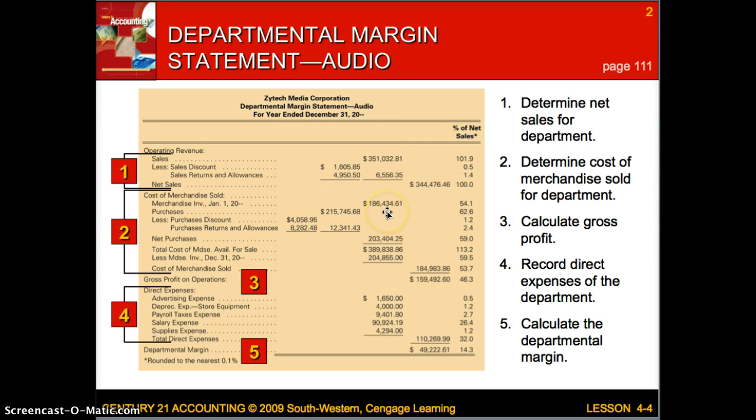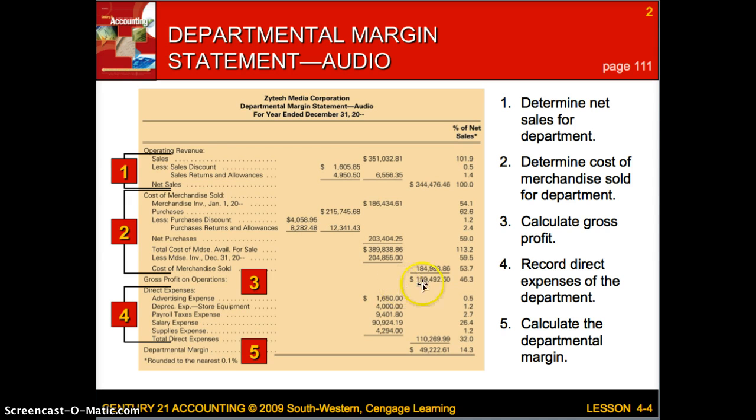We'll have our merchandise plus any purchases minus any discount will give us our net purchases. Then we'll have our total cost of merchandise available for sale less the merchandise inventory at the end of the fiscal period will give us our cost of merchandise sold.